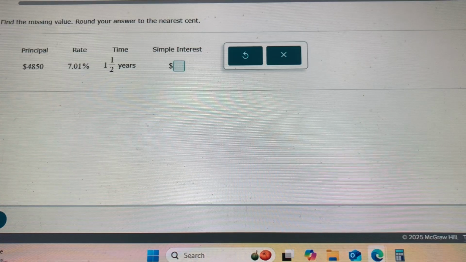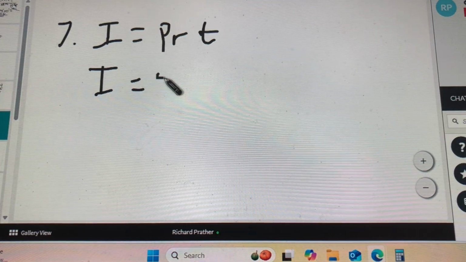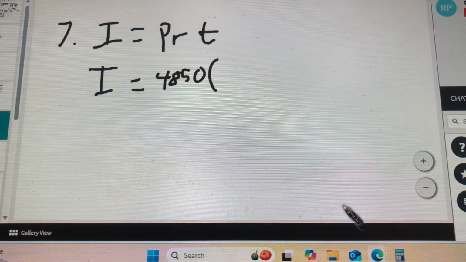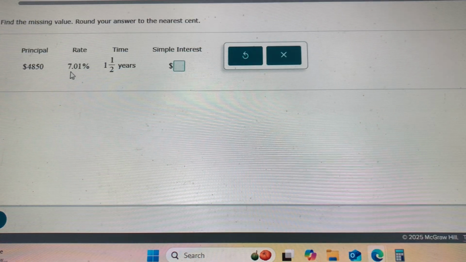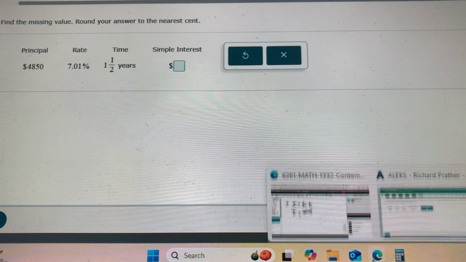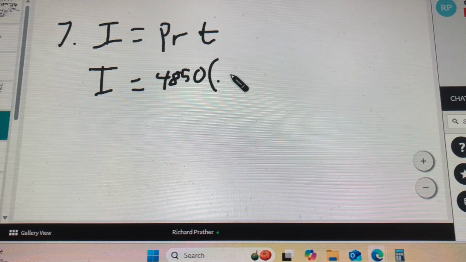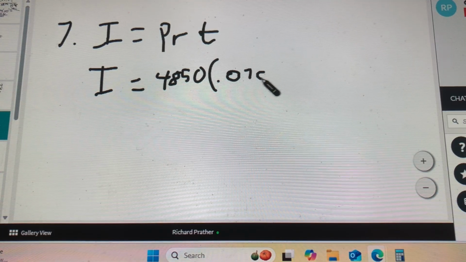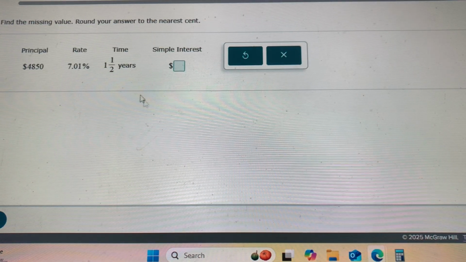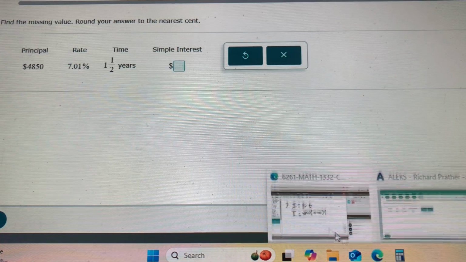So 48.50 is the dollar amount. The interest rate is 7.01, so move the decimal 2 to the left and make it 0.0701. And the 1.5, a couple of things about that again.